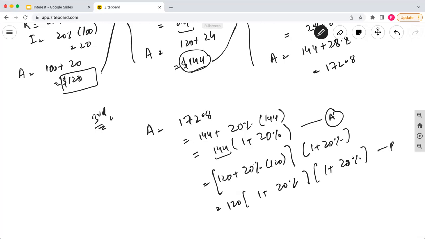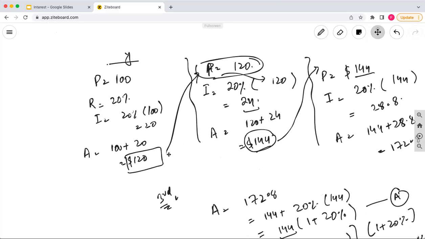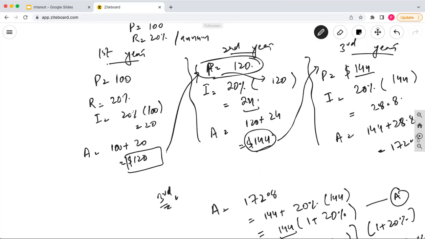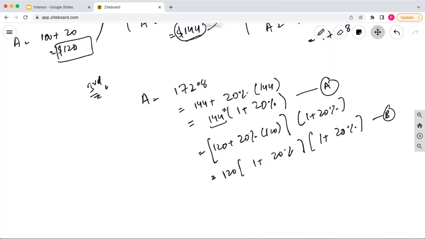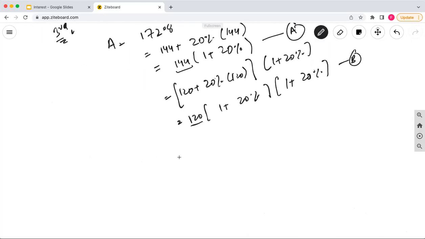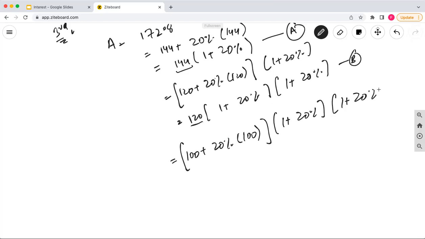Let's call this B for the time being. Now, if you see the end of the first year, this is 120, and 120 is 100 plus 20% of 100. If I open this, this will become 100 into 1 plus 20% into 1 plus 20%.